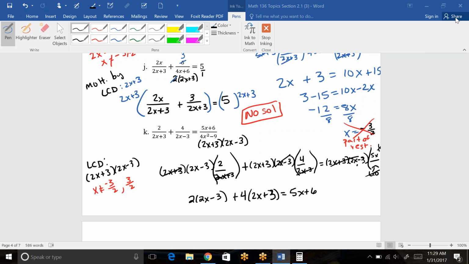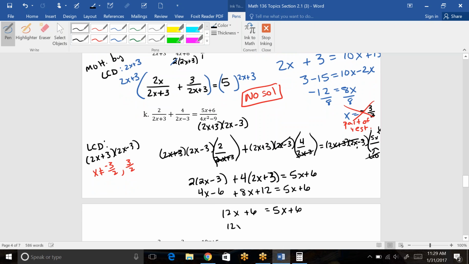Okay, so at this point, notice that we don't have any more fractions, and we just need to solve this equation. So we would have 4x minus 6 for distributing the first part, plus 8x plus 12 equals 5x plus 6. Adding like terms on the left, that would be 12x plus 6, because 12 minus 6, equals 5x plus 6.